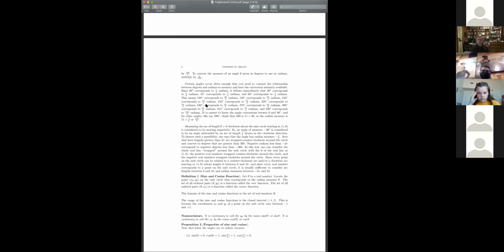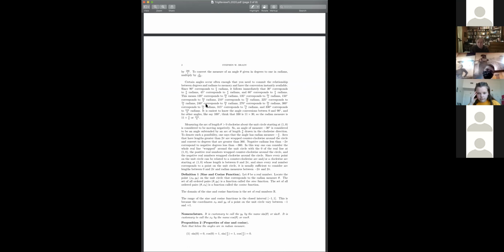Now, most of our time, we need to know about both. And so this paragraph here on page 2 basically says there's certain angles that you ought to know both degree measure and radian measure. If I say 90 degrees, you're supposed to know it's pi over something. Maybe I forgot, 2.